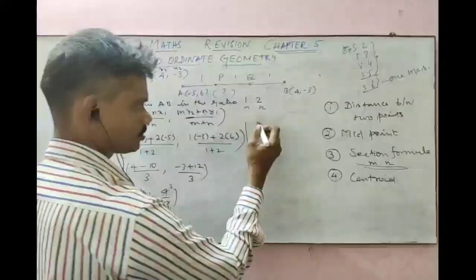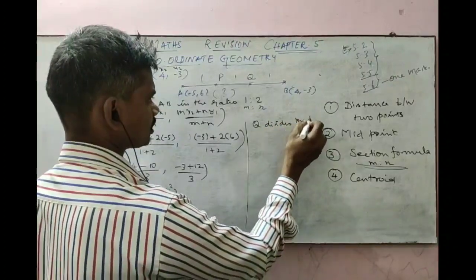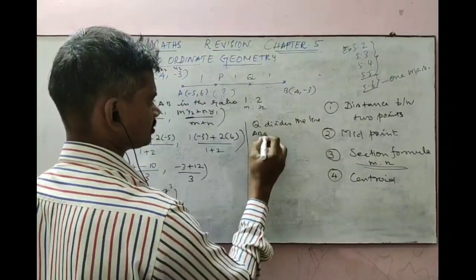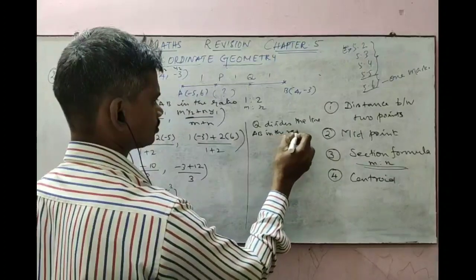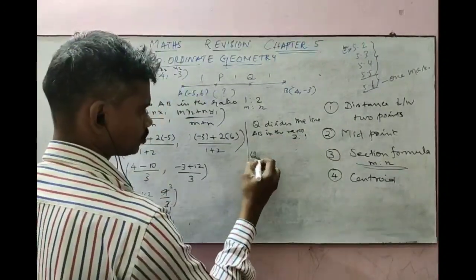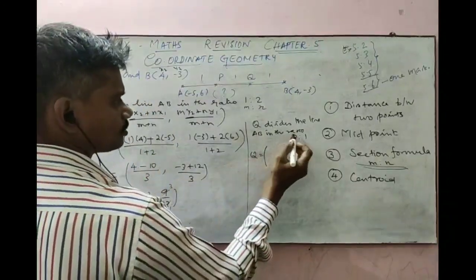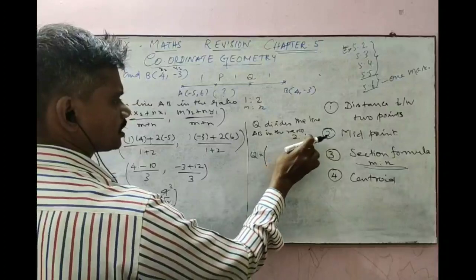Using the same concept, Q divides the line AB in the ratio 2:1. So I am going to find the Q. Q is equal to the same formula, mx2 plus nx1, but m is 2 here, n is 1.